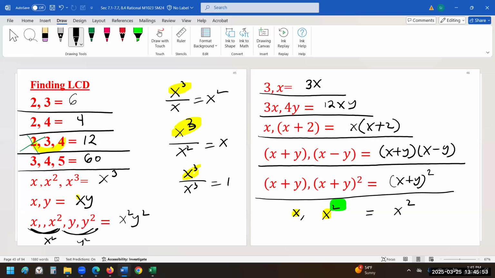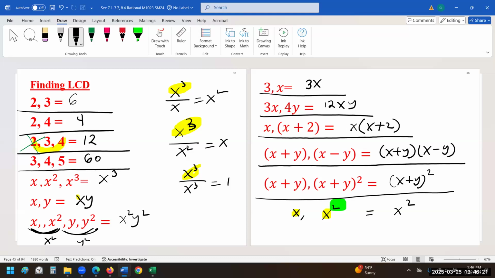Madison, where did you get lost? Which example? Okay, let's start here. Can you multiply x by something and turn it into x plus 2?